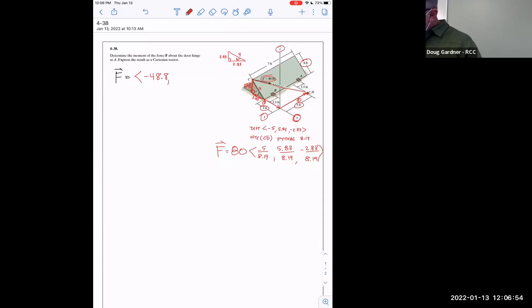And if I take 80 times 5.83, I get 56.9 positive. And if I multiply 80 by 2.83, then I get 27.6, except it'd be negative because I'm multiplying 80 times -2.